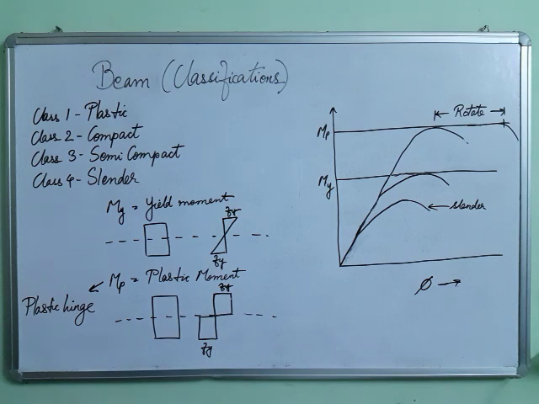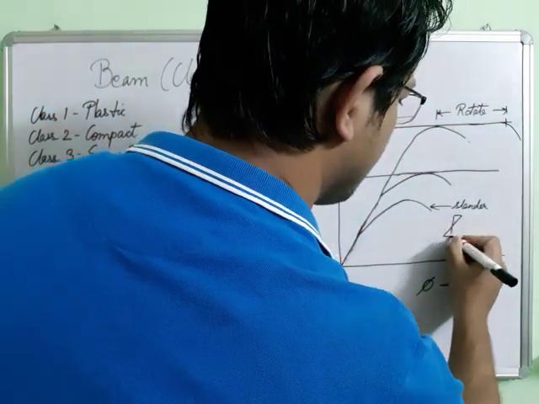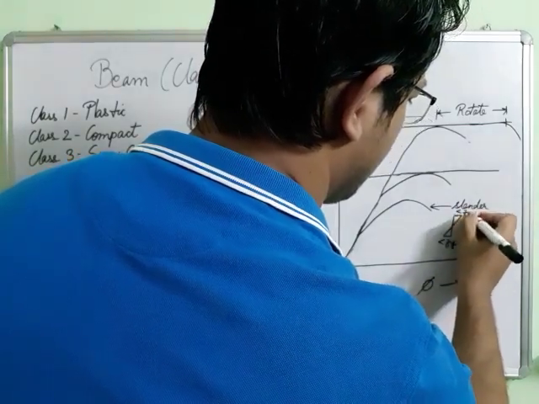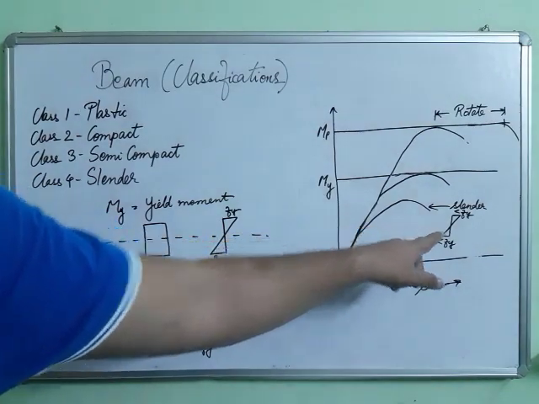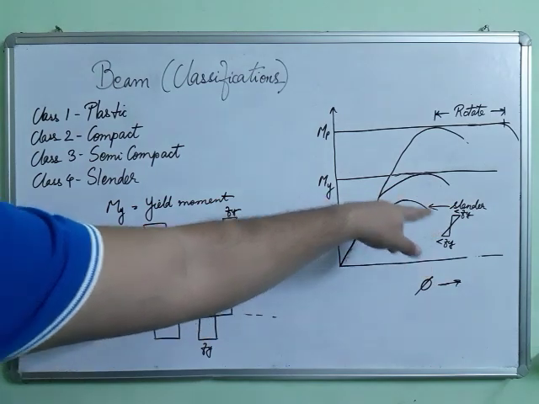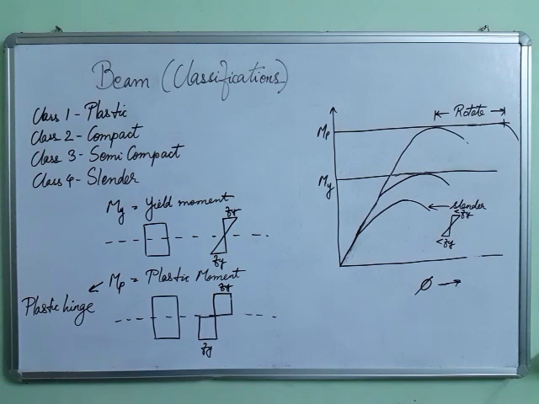Okay, it bends. And as you can see here, for slender sections, the situation will be such that these extreme fibers will not even reach Fy, but still it will buckle. Okay, so this is the behavior. Okay, the elements buckle even before reaching the yield stress.